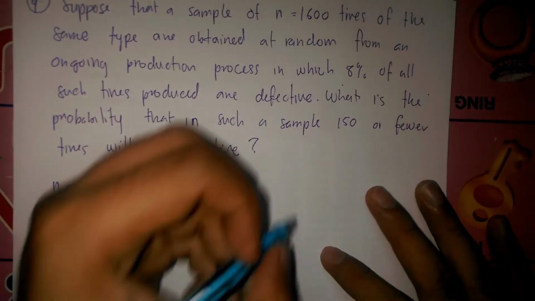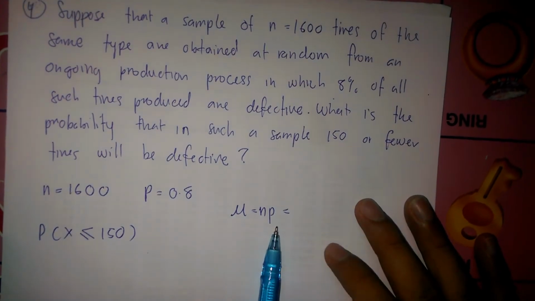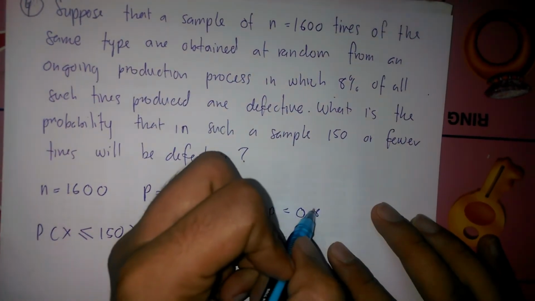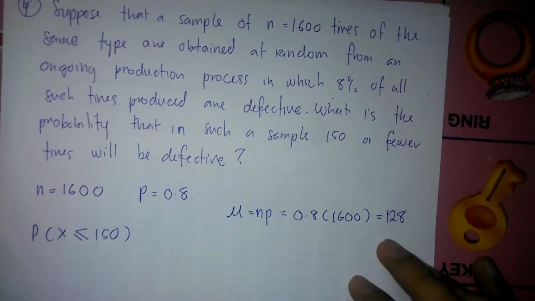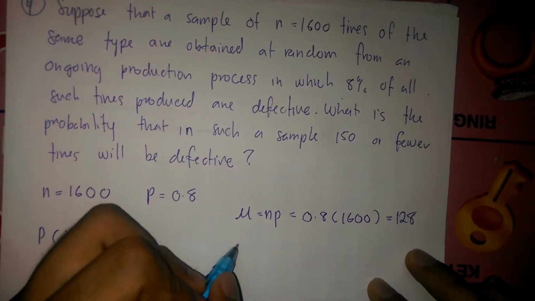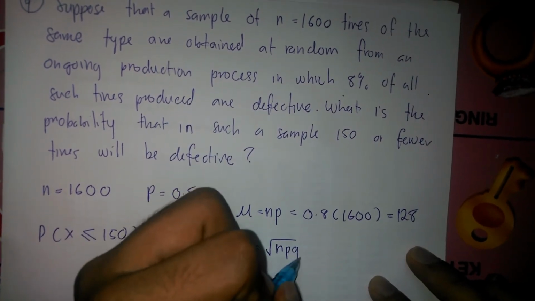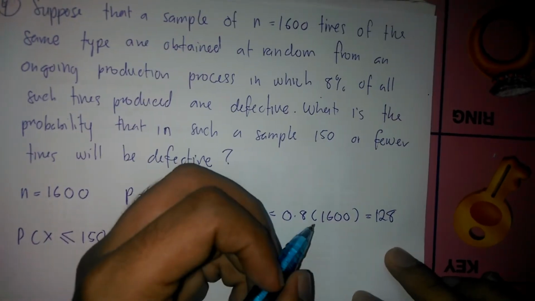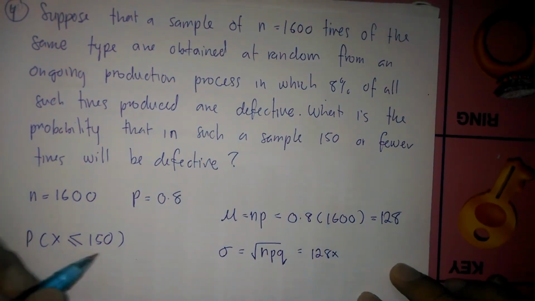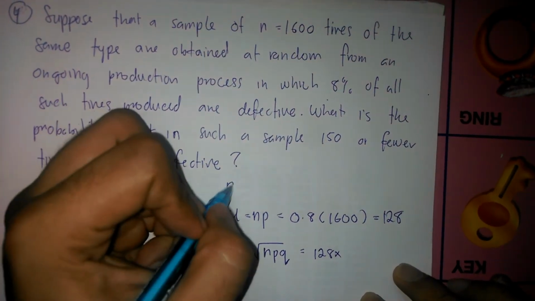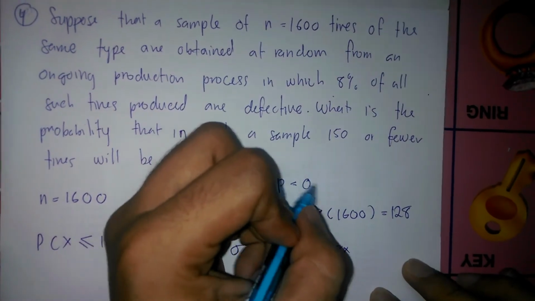We find the mean equal to NP, so 0.8 times 160, we get 128. For the standard deviation, the square root of NPQ equals 128 times Q, and Q we get from 1 minus P, so we get 0.2.